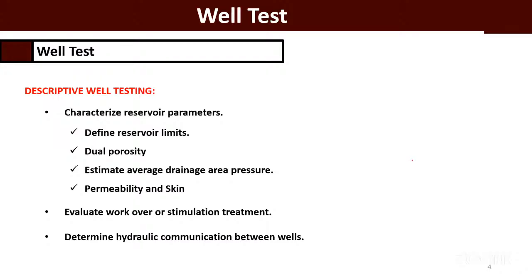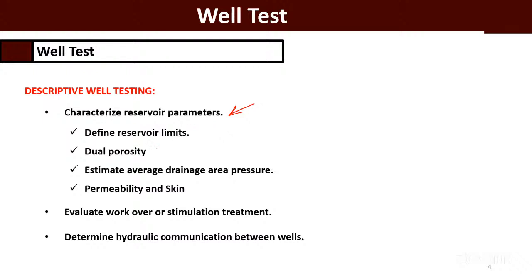So what is the purpose, or what we get from the well test, is we can characterize the reservoir parameters like K, like permeability, skin, and so on. We can define the reservoir limits. We can see if we have boundaries, can identify the volume.